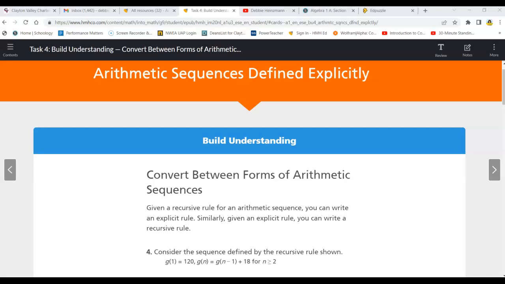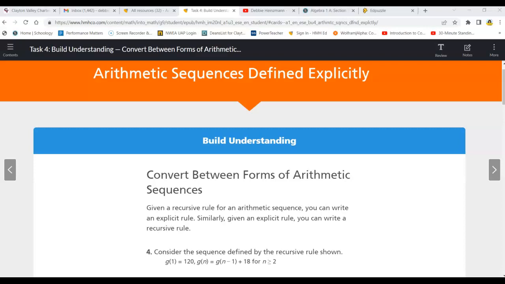Okay, Algebra 1, this is part 2 of our partial lesson on 7.2, arithmetic sequences written using an explicit rule.